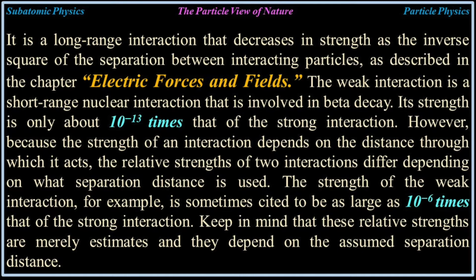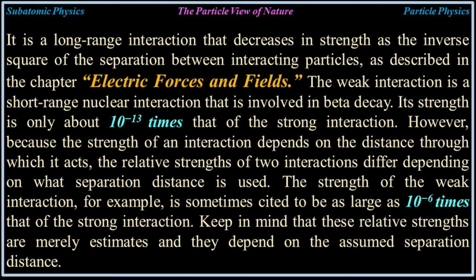The weak interaction is a short-range nuclear interaction that is involved in beta decay. Its strength is only about 10^-13 times that of a strong interaction. However, because the strength of an interaction depends on the distance through which it acts, the relative strengths of two interactions differ depending on what separation distance is used.